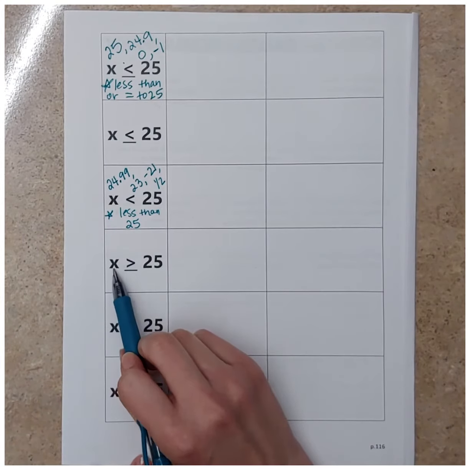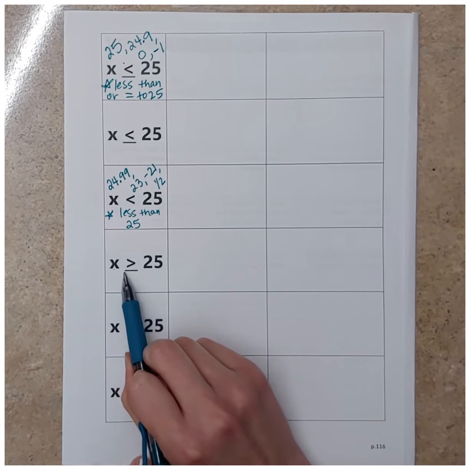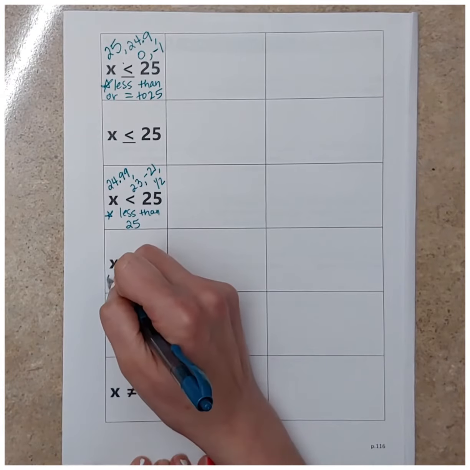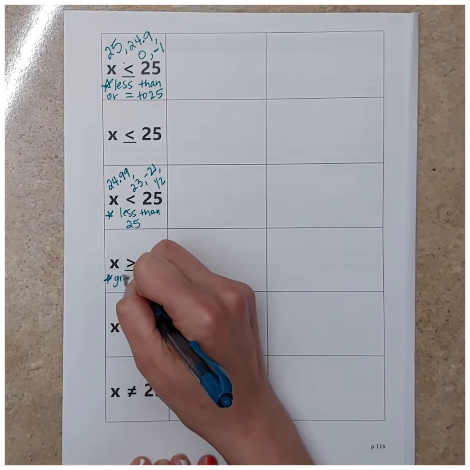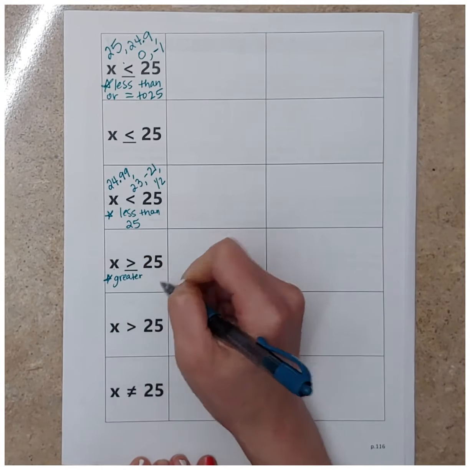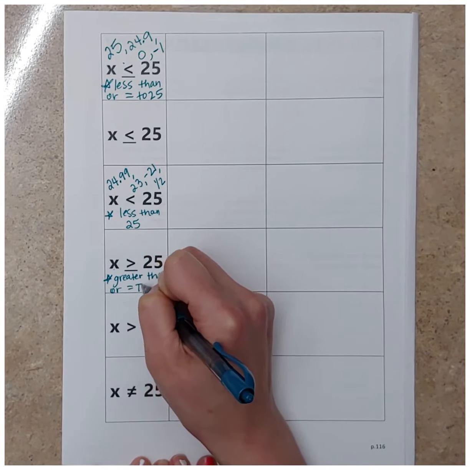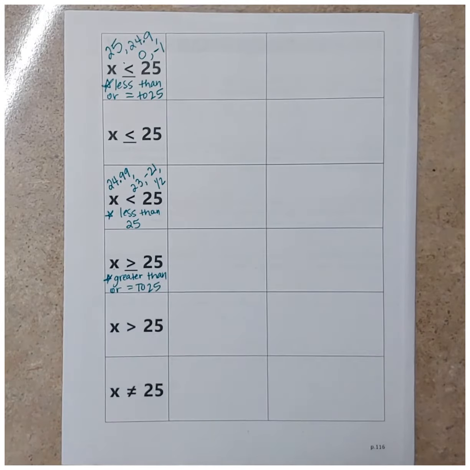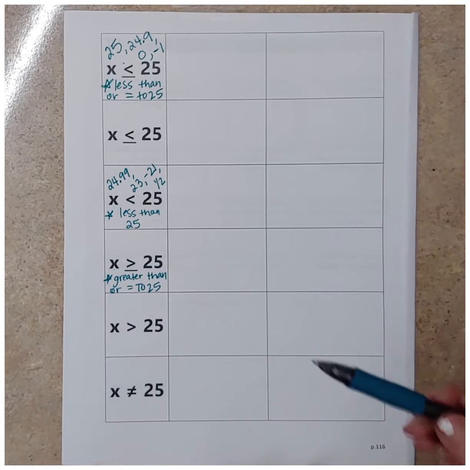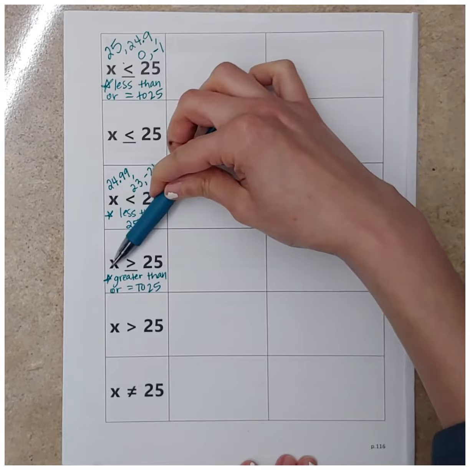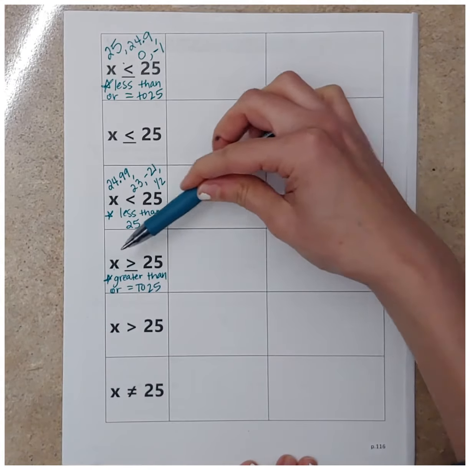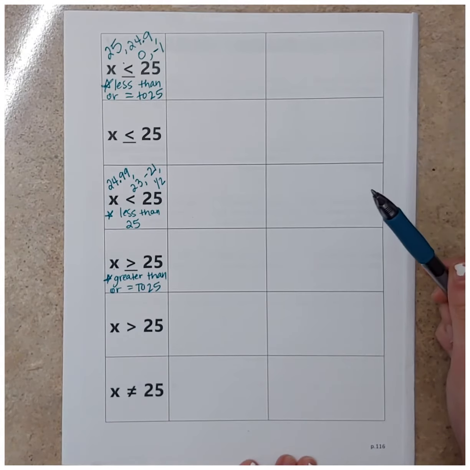Our next one, we have x is greater than or equal to 25, okay? Greater than or equal to 25. Okay, so once again, we always start with comparing our variable to the number that's given. Can x be exactly 25?